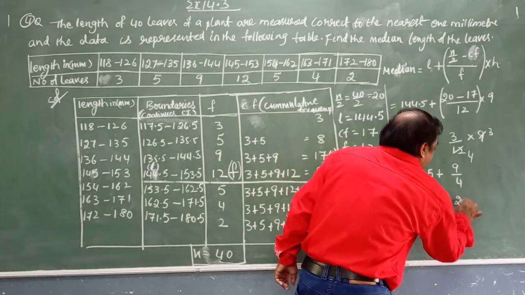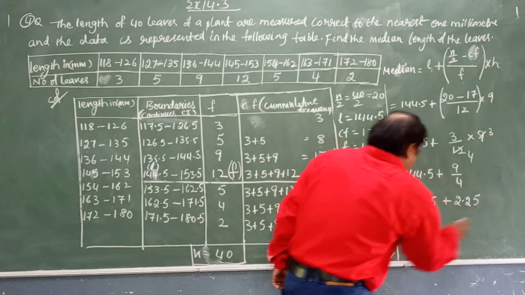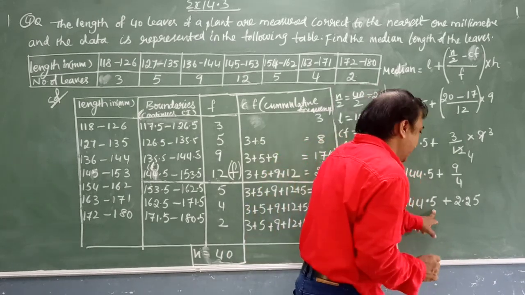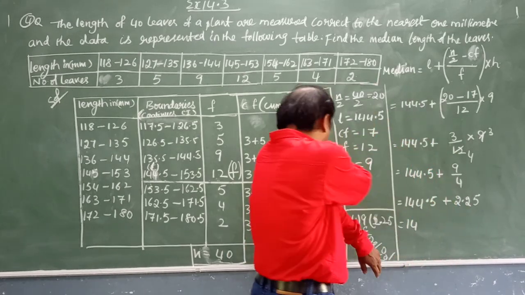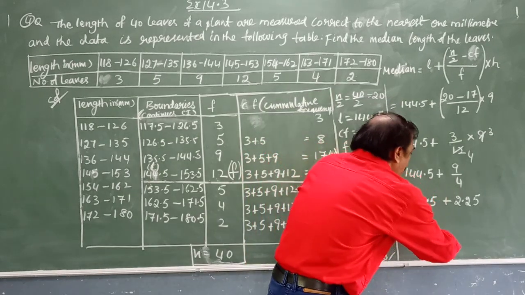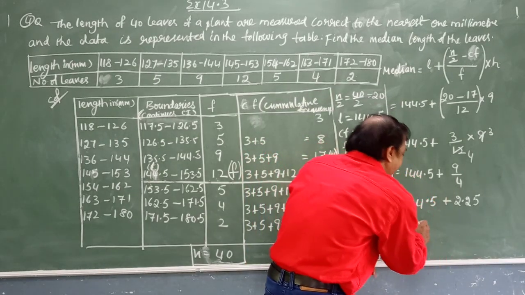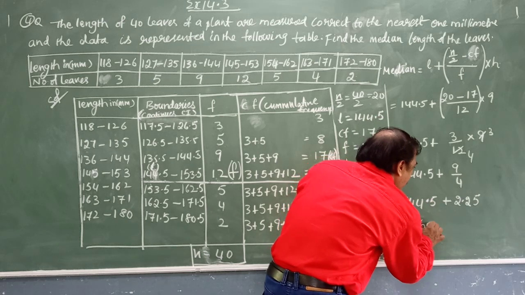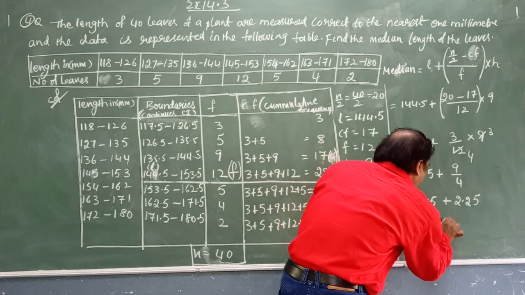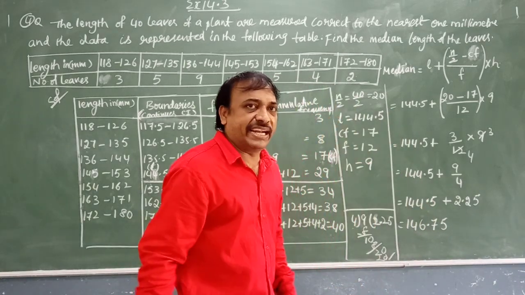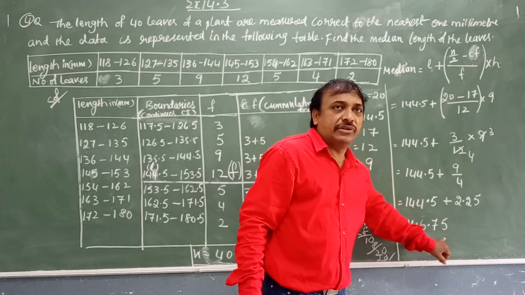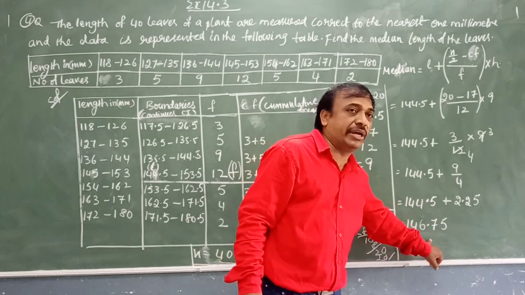So 144.5 plus 2.25. If you add 2.25, you will be getting 146.75. Approximately you can write it as 146.8.